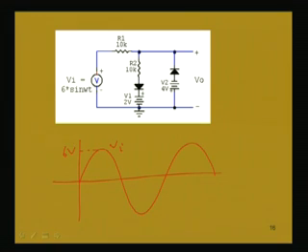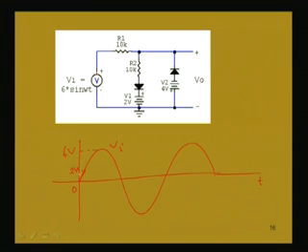Then from 0 to 2, suppose 2 is here, you will not find any of the diodes conducting, V naught and Vi are exactly equal up to this portion.